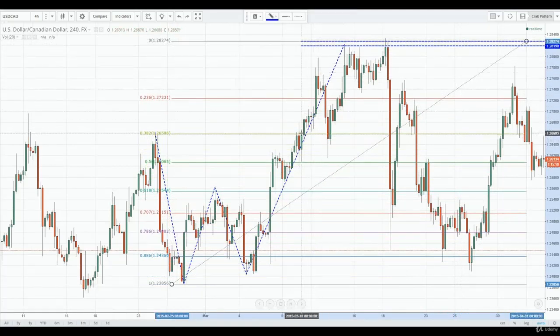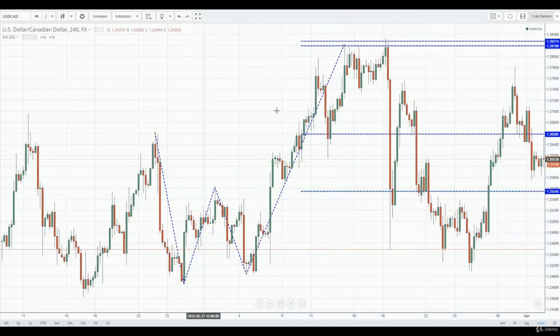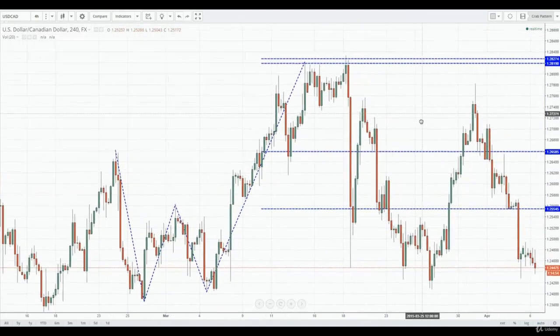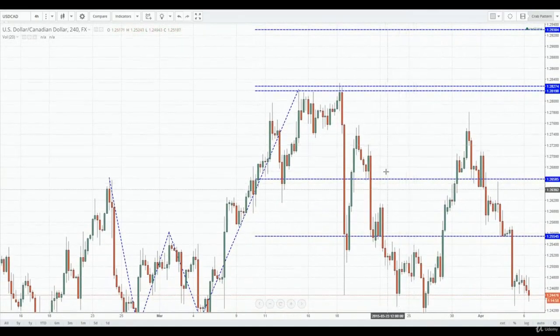So there's our 382 first target, and then our 618 second target here. Okay, so let's look at this. And then I'm going to scroll back up here so we can actually see everything. You won't be able to see the bottom of the pattern because, well, you maybe see it a little bit, but the stop is so high.